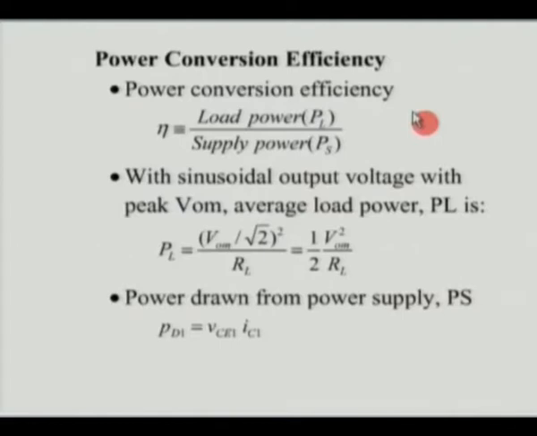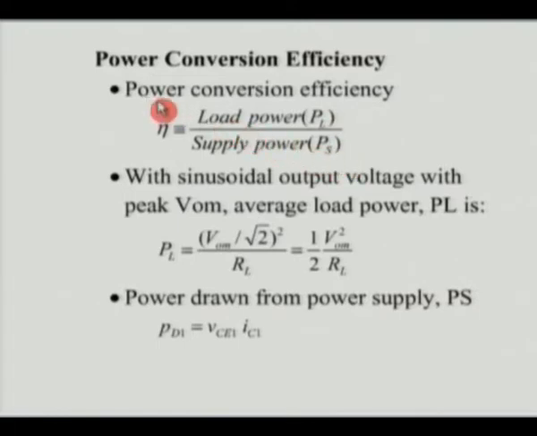Now, let us work out some numbers and write some expressions for the power conversion efficiency of a class A amplifier. By definition, power conversion efficiency is the load power PL, the power delivered to the load, divided by the power supplied. In our example, we had two power supplies, so let us call the total power supplied by them PS. PL by PS is what we define as efficiency.